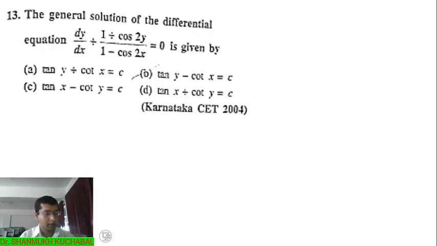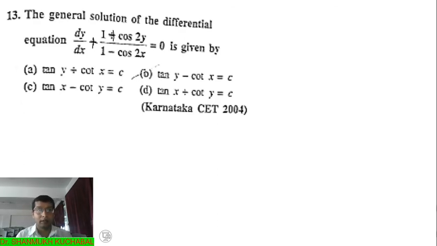So next example: the general solution of the differential equation dy by dx plus (1 plus cos 2y) divided by (1 minus cos 2x) equal to 0 is.